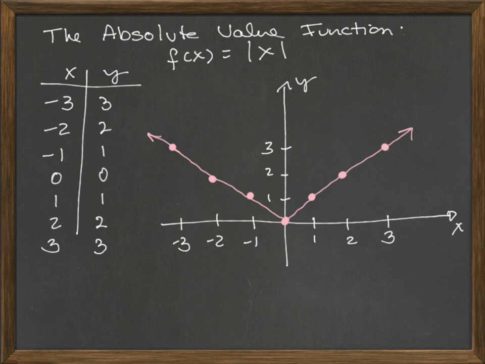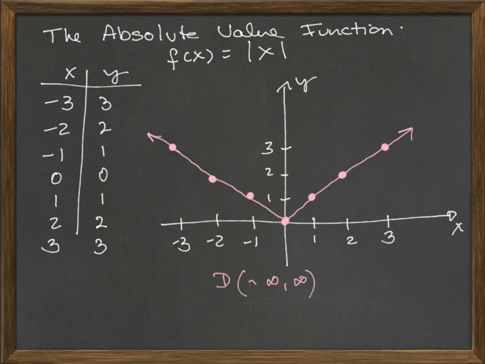What do you know about the domain of an absolute value? Negative to positive infinity. Is it the square root function? No. It's also not a rational function, so it must be negative infinity to infinity.